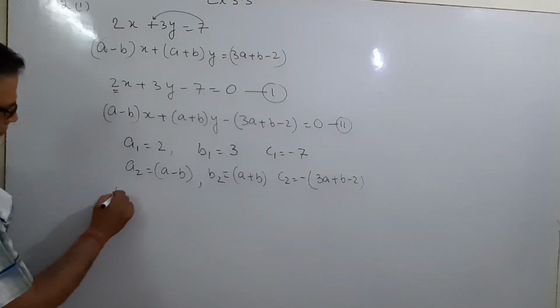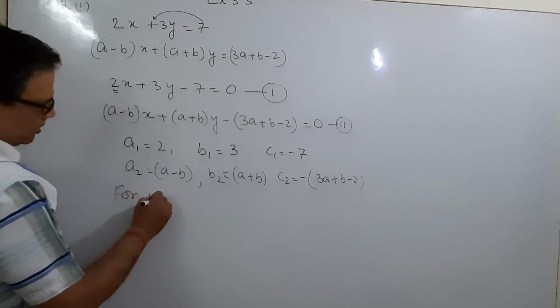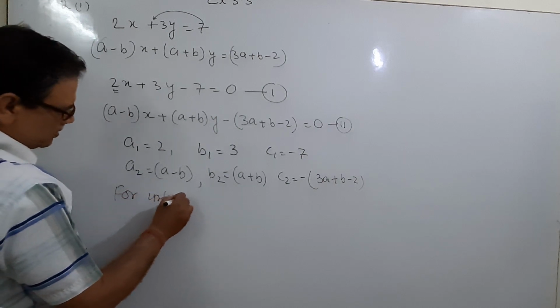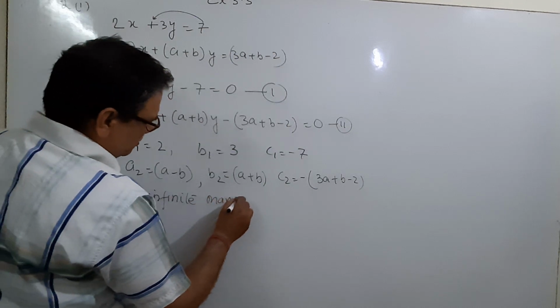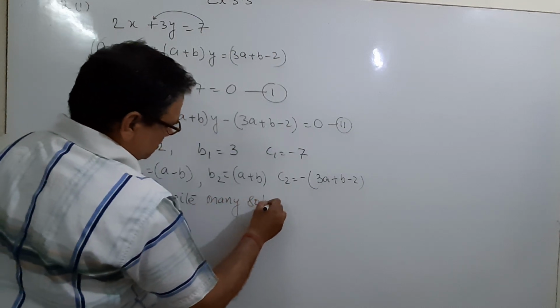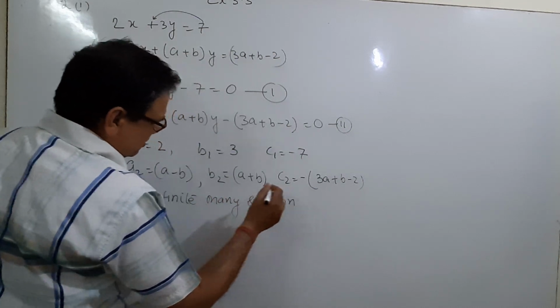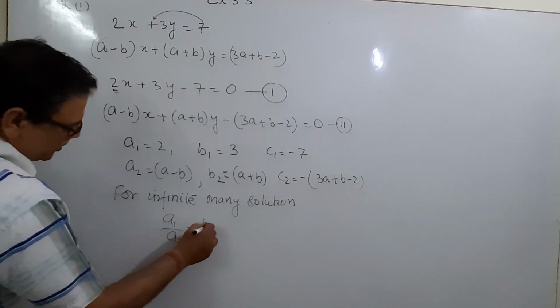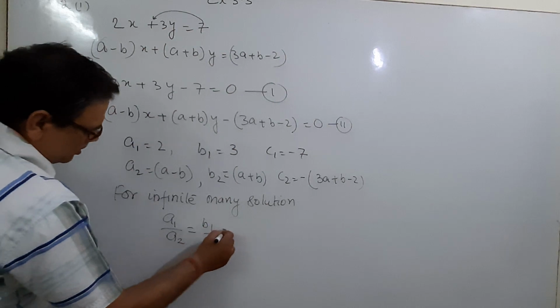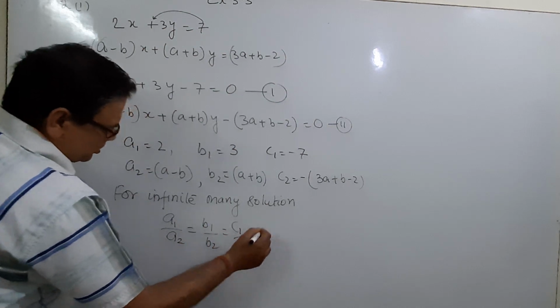And for infinitely many solutions, a1 upon a2 equals b1 upon b2 equals c1 upon c2.